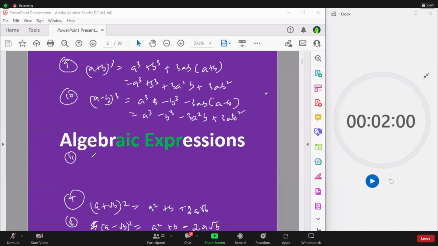Yeah, then we have a³ + b³, which is (a + b)(a² − ab + b²). Remember that when a³ + b³ is there, here it is a minus sign, and when it is a³ − b³, this becomes plus ab.